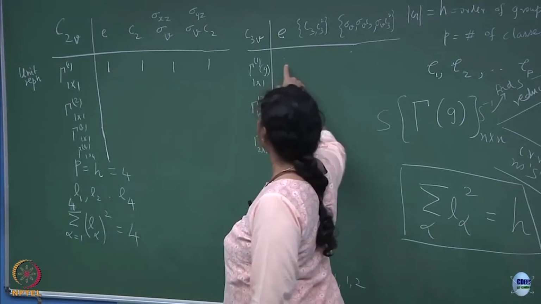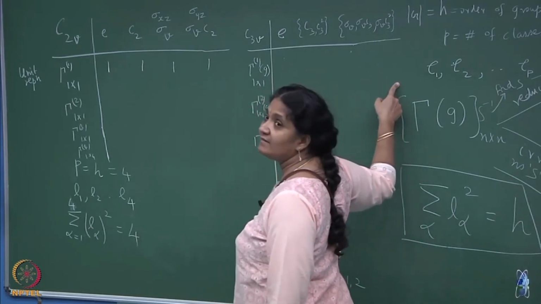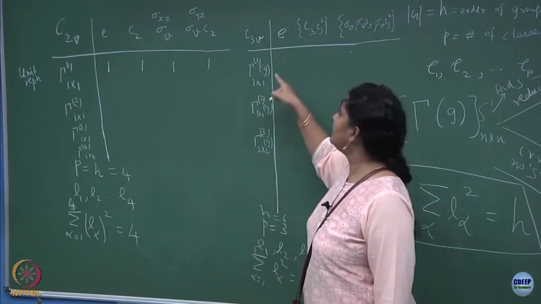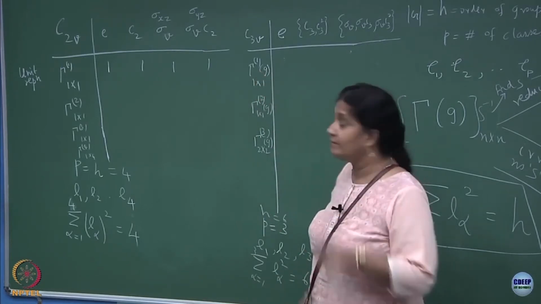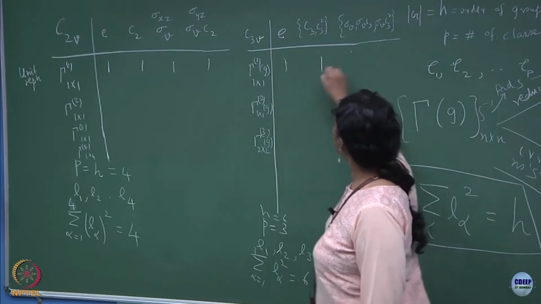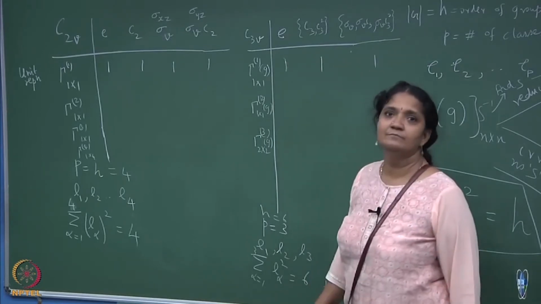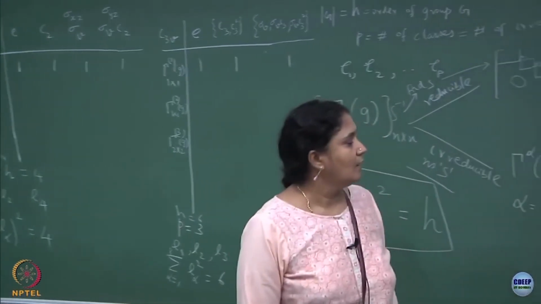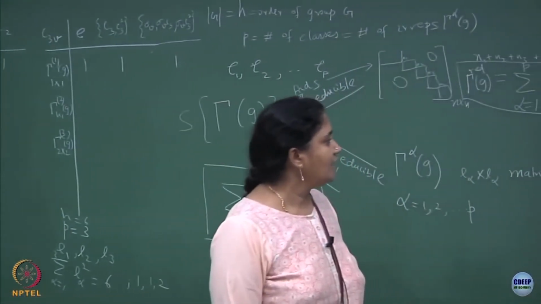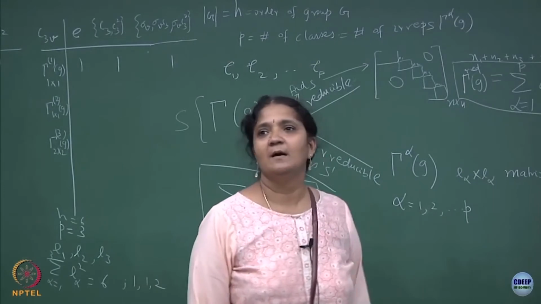The entries which I am writing are characters; to remember which irrep they belong to, I have denoted it here. So, this one will also be 1, 1 and 1. Okay. And now I need to fill the complete table.